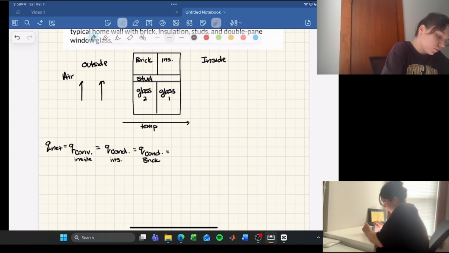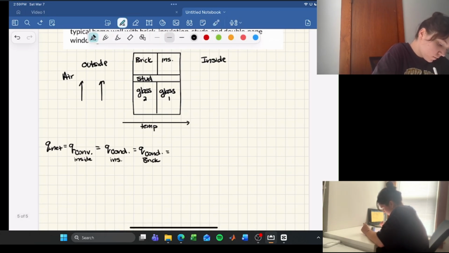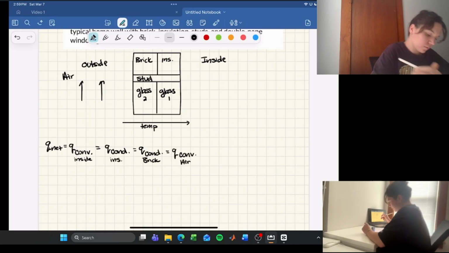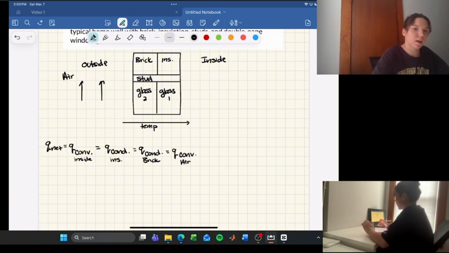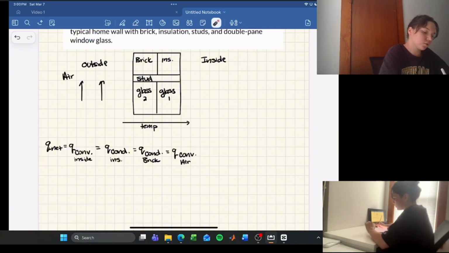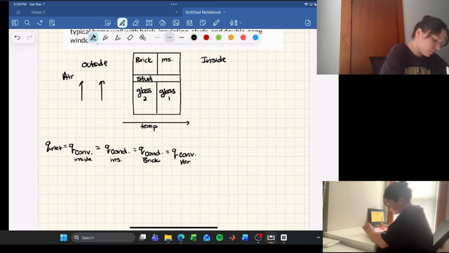And that is going to be equal to the heat flow to the air, which is convection again. So that was the net heat flow through the wall.